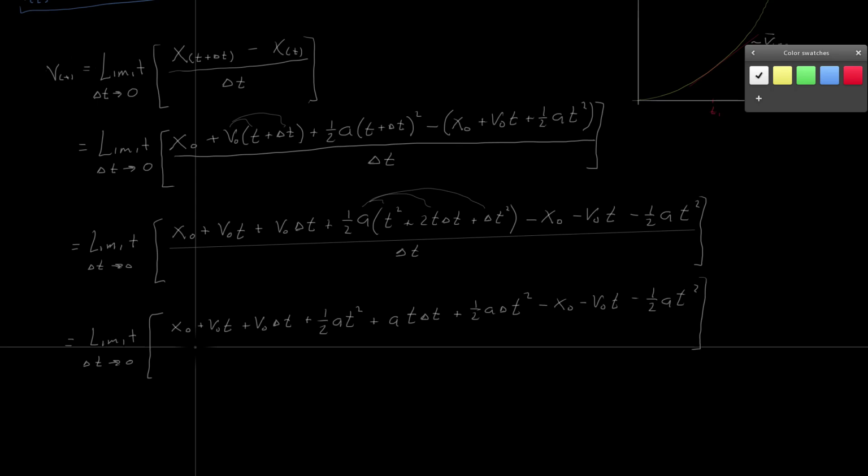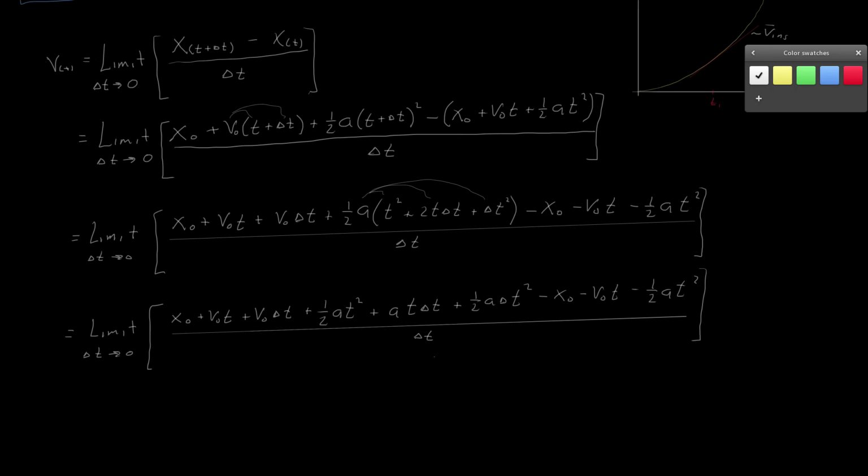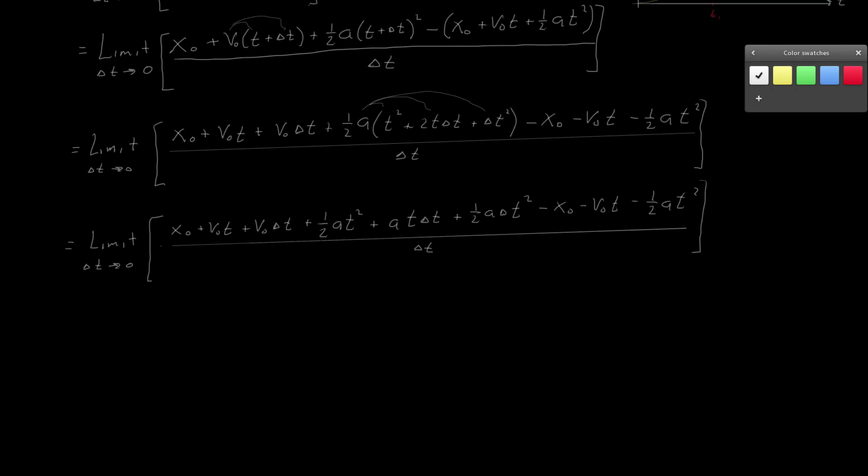I'll close the brackets and divide by delta t. Continue to reduce. See if we can combine some terms together. Got my limit, as delta t approaches 0. My bracket.